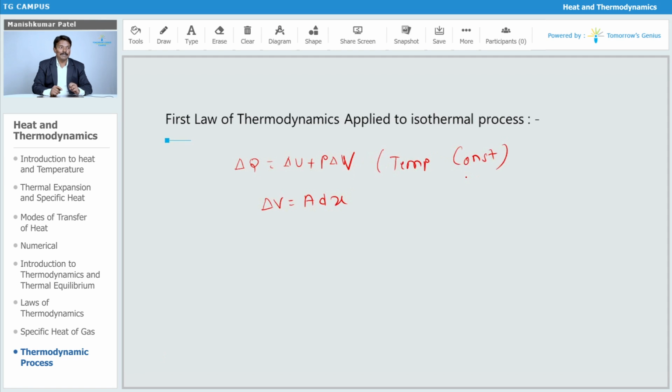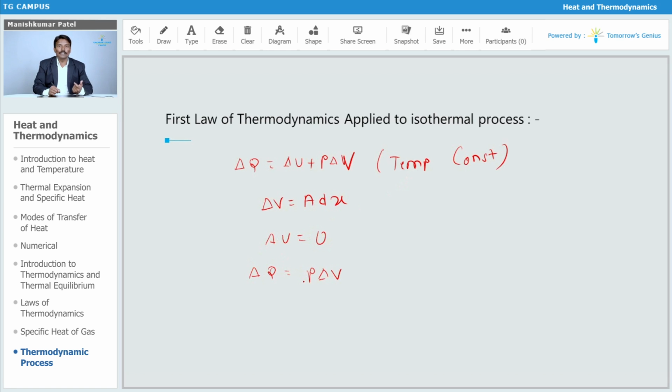If I increase the temperature, the internal energy is going to increase. Here the temperature remains constant, so delta U is 0 since there is no increase in temperature. So straight away I can write delta Q equals P into delta V.